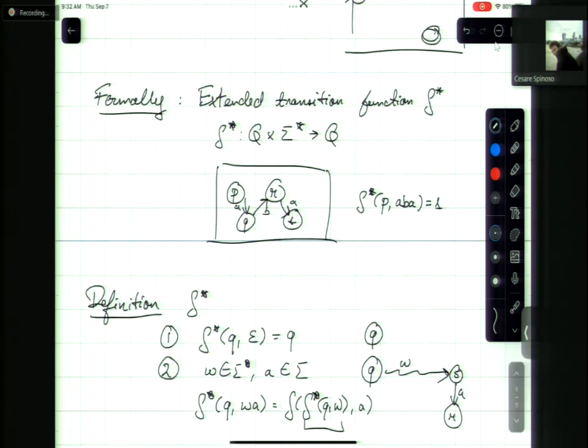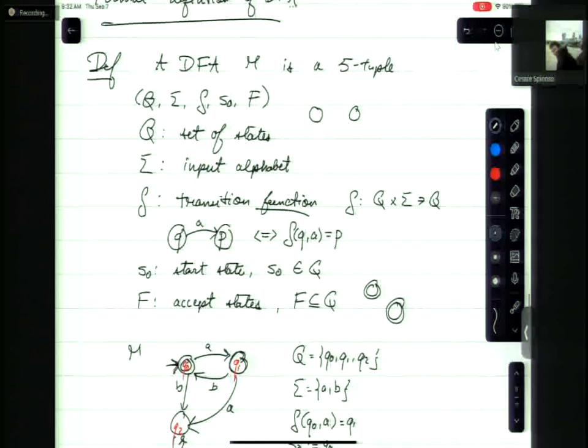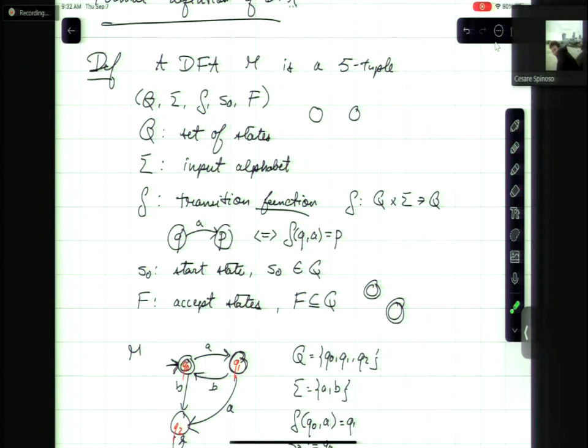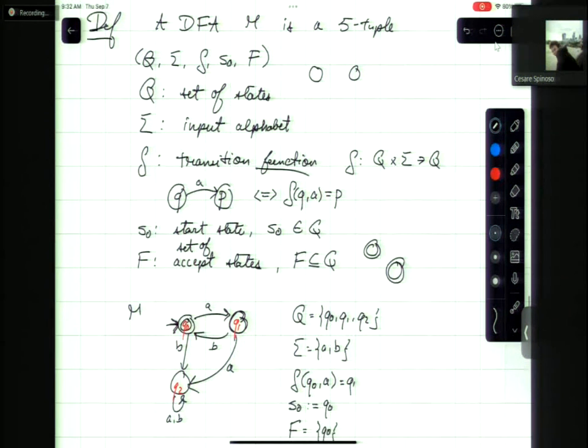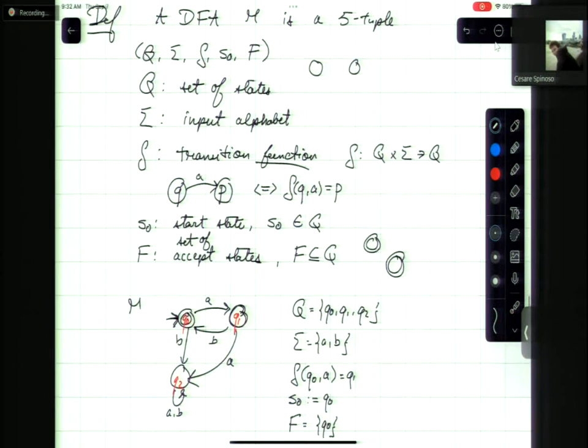Yeah, absolutely, F is a set, by definition. By definition, it's a subset of Q. So it's a set. Absolutely. So maybe I'll specify this: set of accept states. Yeah, because Q is finite.